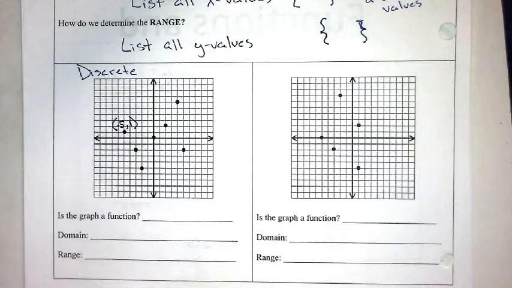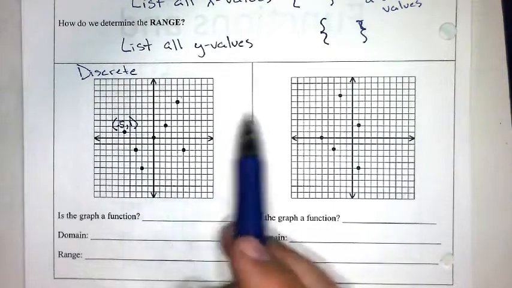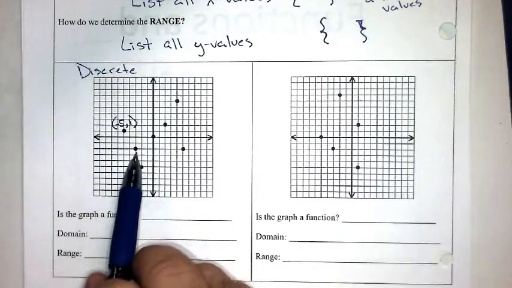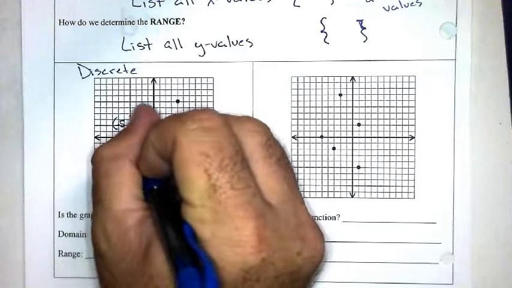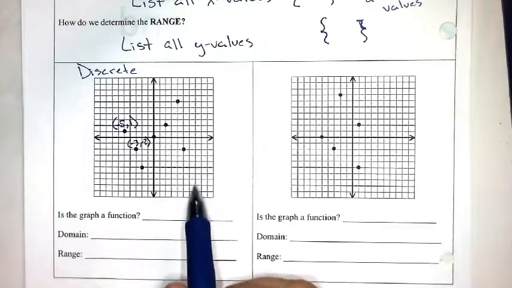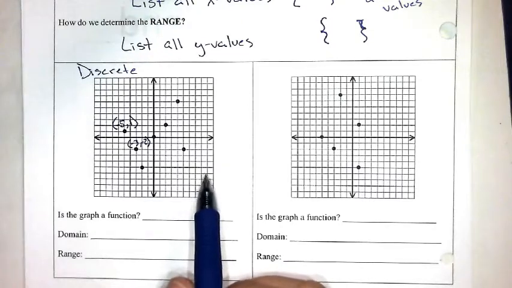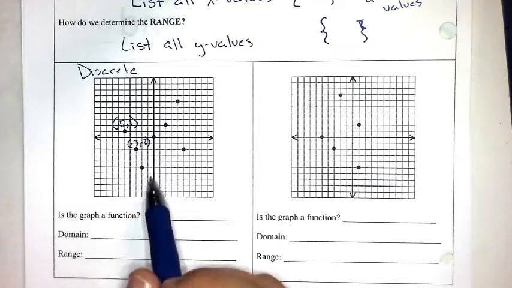Xavier, I'm going to point to a dot, and I would like you to give me that ordered pair. -3, -2. Okay. Ben, I'm going to point to a dot, and I want you to give me the ordered pair.